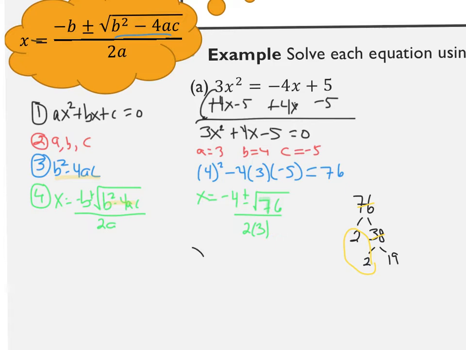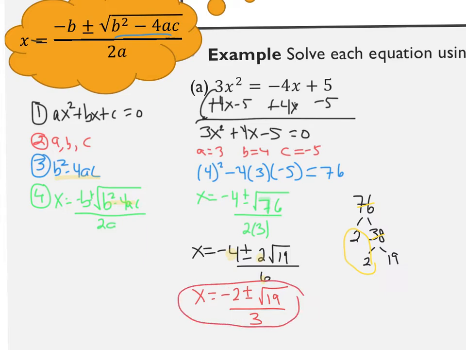So when we simplify, x equals negative 4 plus or minus 2 square root 19 all over 6. Then I'm going to ask myself, what number goes into negative 4, 2, and 6? Hopefully you recognize you can divide all those by 2. So x equals negative 2 plus or minus the square root of 19 all over 3. And that is your final answer.